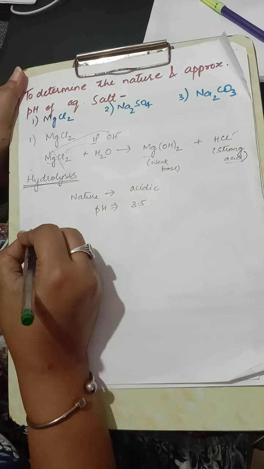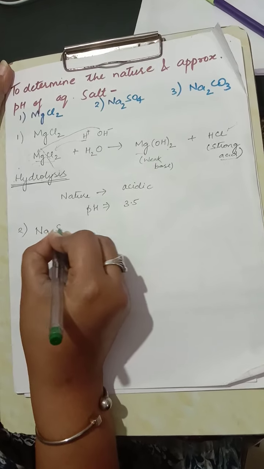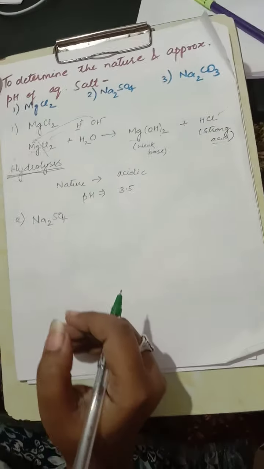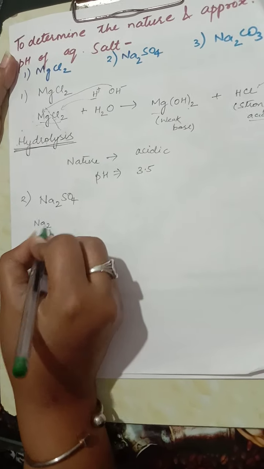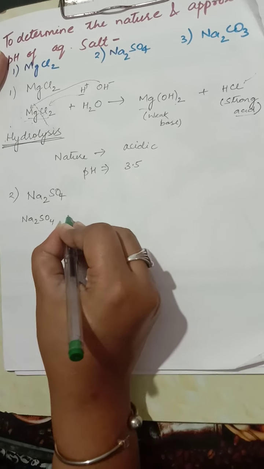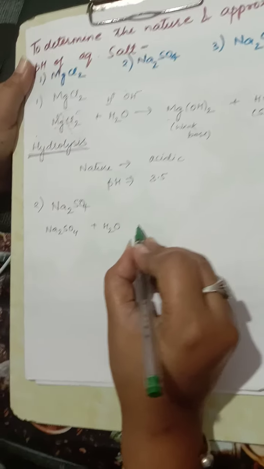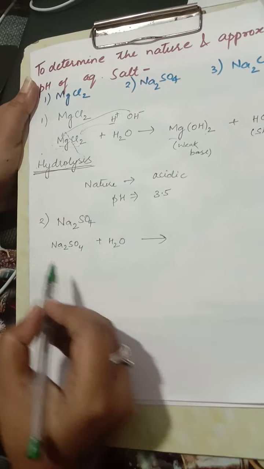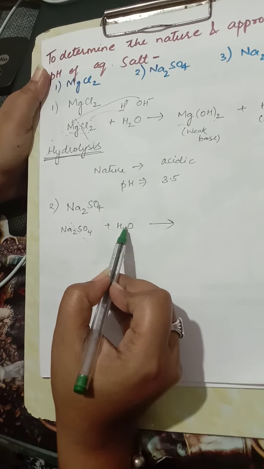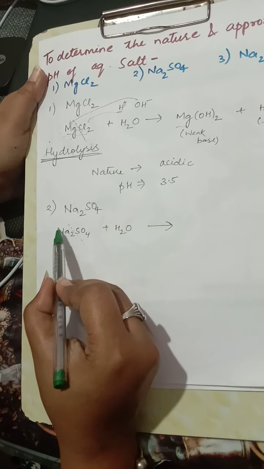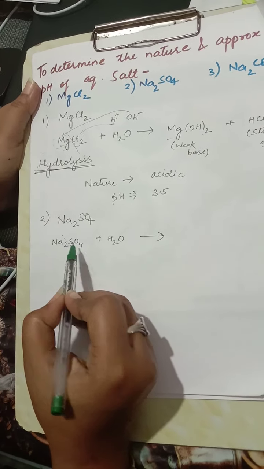Next, sodium sulfate. Again, we will take sodium sulfate, and sodium sulfate will also undergo hydrolysis reaction, and the OH part of water will go to sodium, the hydrogen part will go to SO4.